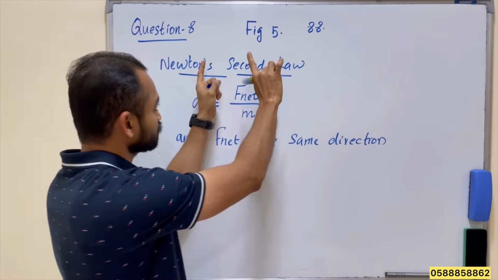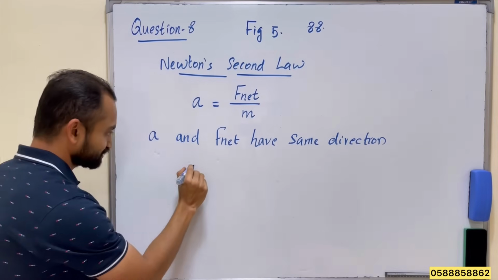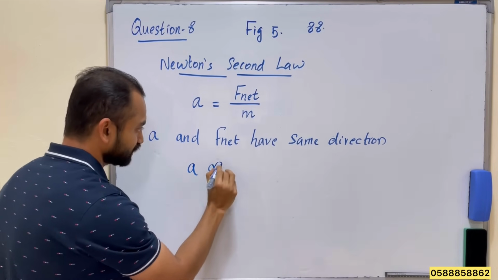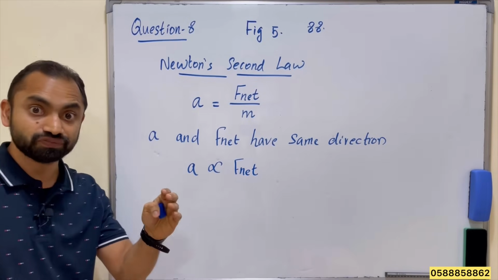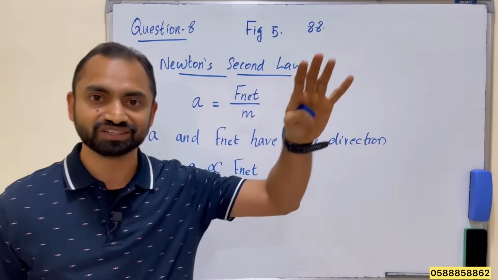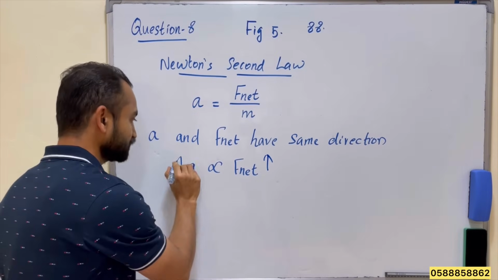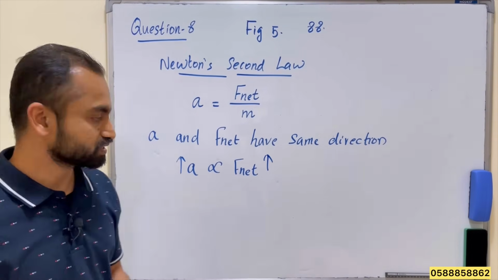Now we will go to one more thing. According to this equation, the acceleration of an object is directly proportional to net force. If the net force acting on the object increases, acceleration will increase. When net force decreases, acceleration will decrease.